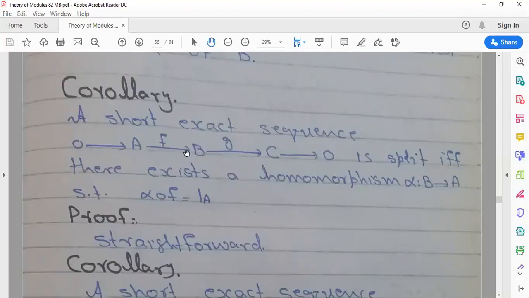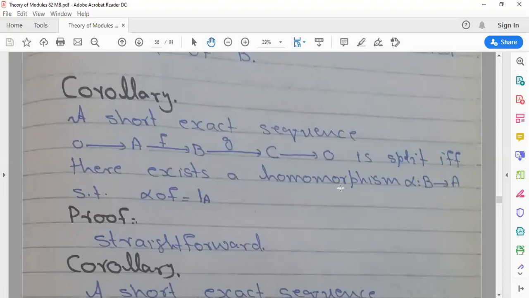See the head of the arrow. Basically the arrow goes from A to B and the function is defined. This means that function f is defined from A to B. But in the case of alpha, the head of the arrow points towards A from B. So basically alpha is the inverse of f.